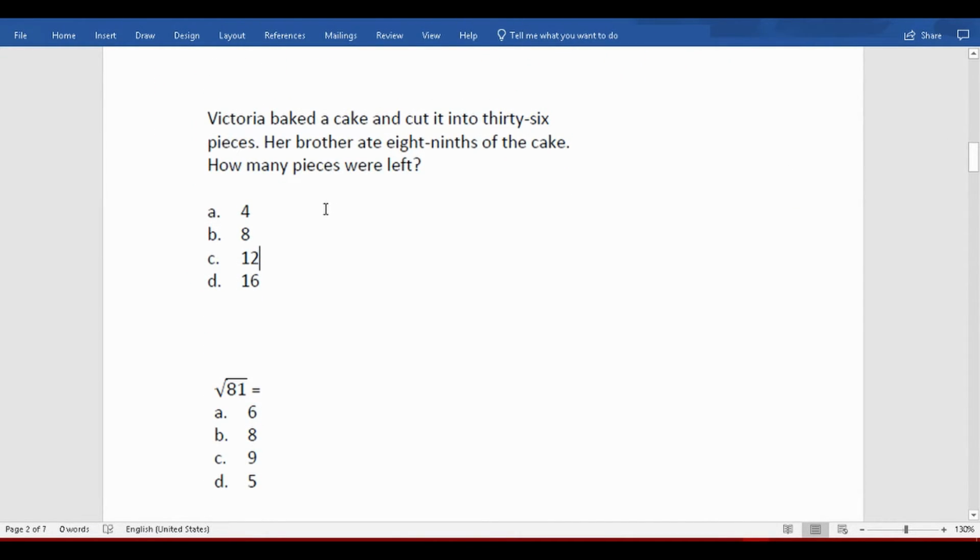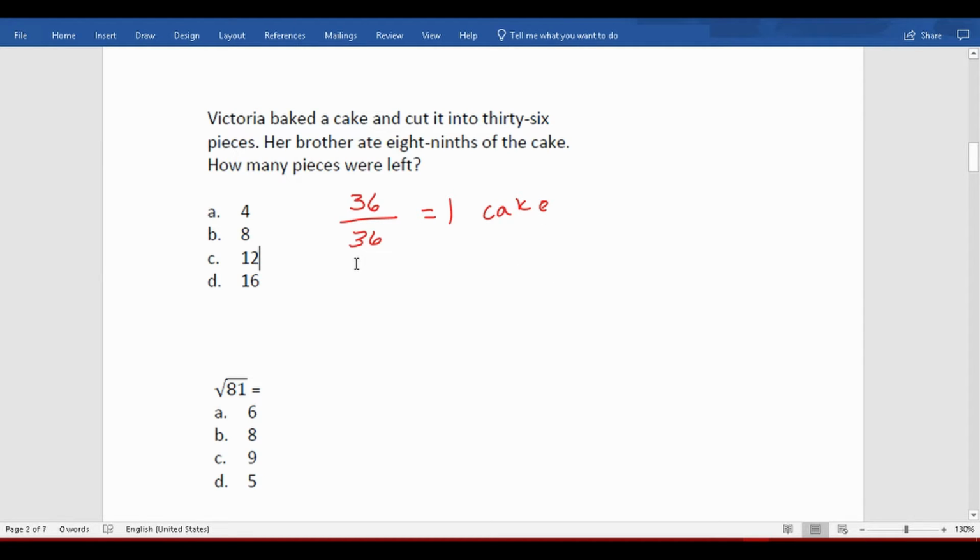This question says Victoria baked a cake and cut it into 36 pieces. Her brother ate 8/9 of the cake. How many pieces were left? So a full cake would have 36 out of 36 pieces, because 36 divided by 36 would be 1, and that would represent one full cake.